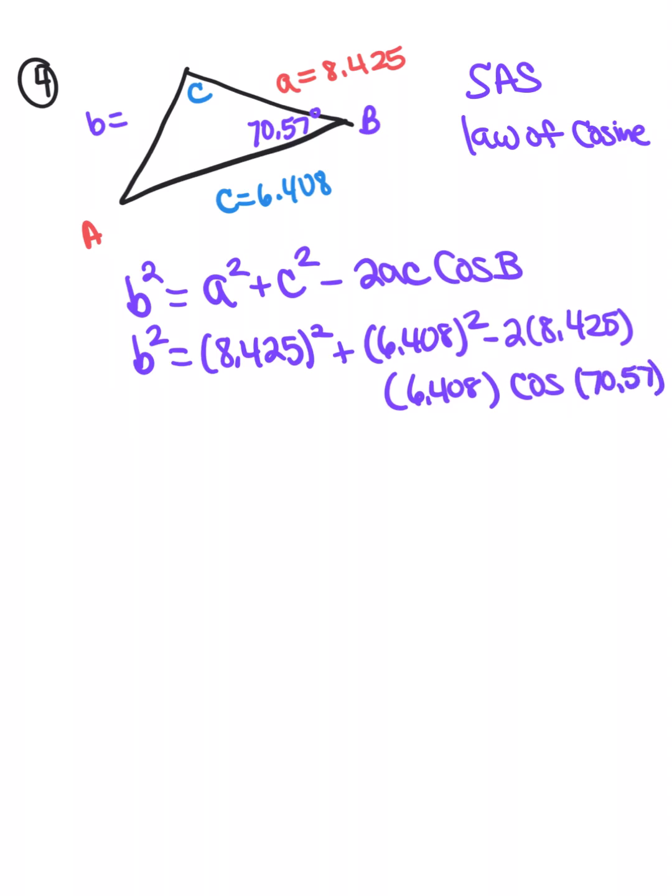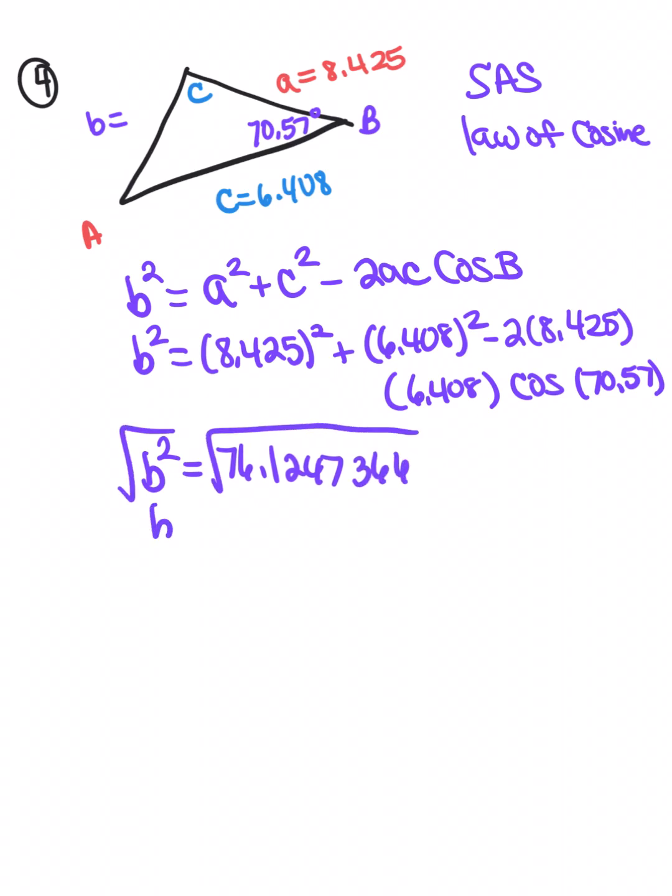Find the answer to that, and then we're going to take the square root of that answer. So B squared was like 76.1247366, and when I take the square root of both sides, we have that B is 8.725, rounded to the nearest thousandths.